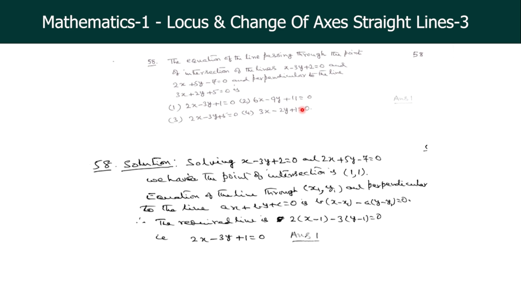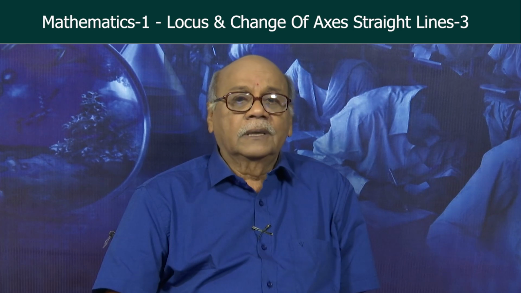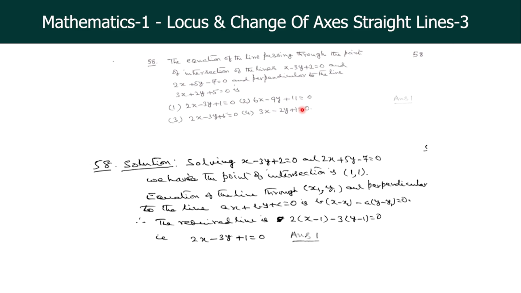And it is known that any line passing through the point of intersection of two lines L1 = 0 and L2 = 0 is of the form L1 + lambda L2 = 0, where lambda is a parameter. All lines will be given from that one except the line L2. When you take L1 + lambda L2 = 0, when lambda is equal to 0, you will get L1.